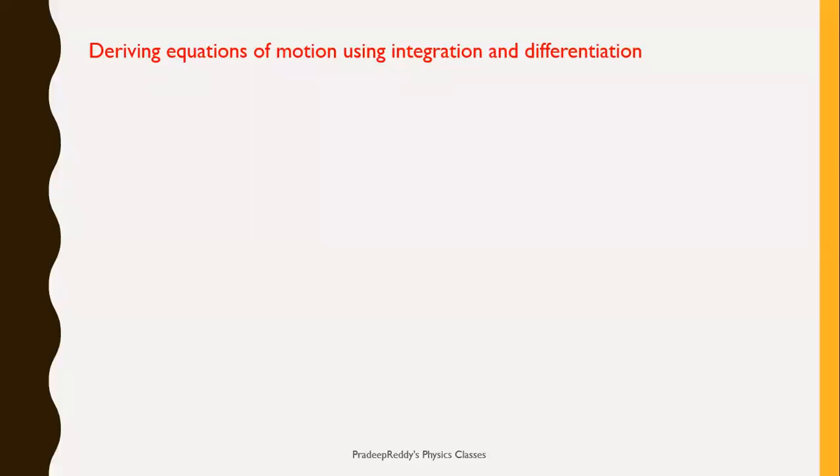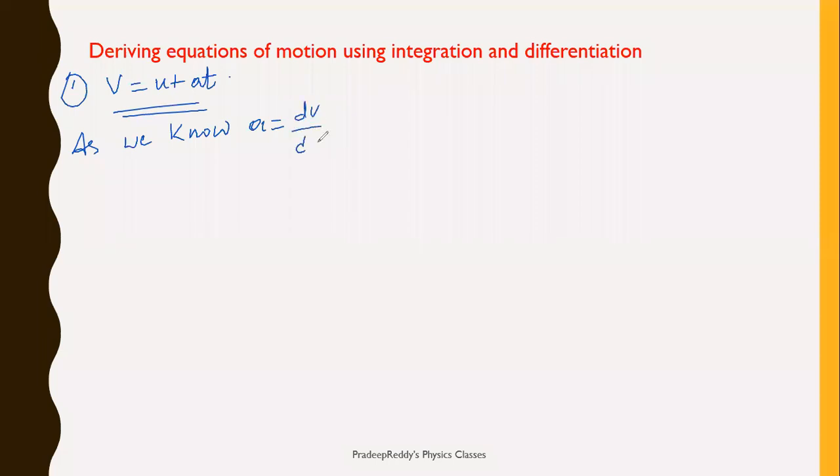Let us derive the first equation of motion, which is v is equal to u plus at, right? Now this equation we need to derive using integration and differentiation. For that, forget about this given equation. As we already know, acceleration is equal to dv divided by dt.